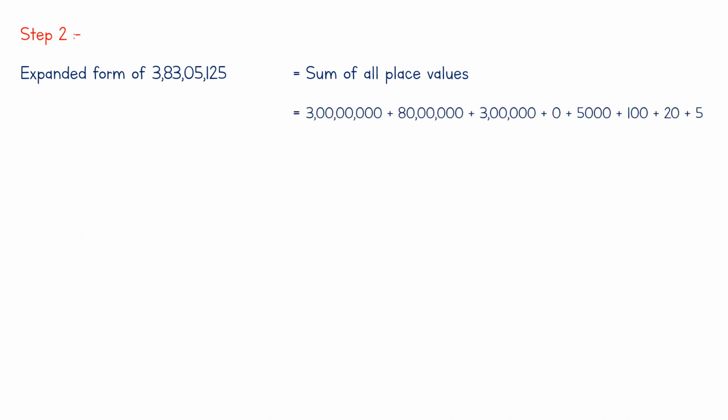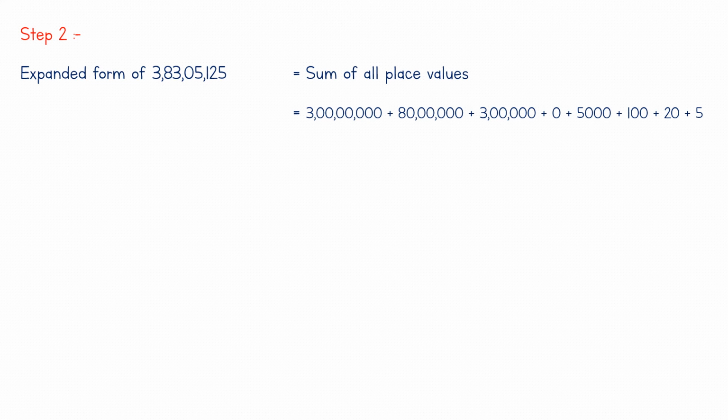Step 2. Expanded form of 3 crores 83 lakhs 5125 is sum of all place values. అంటే 3 crores plus 80 lakhs plus 3 lakhs plus 0 plus 5000 plus 100 plus 20 plus 5.